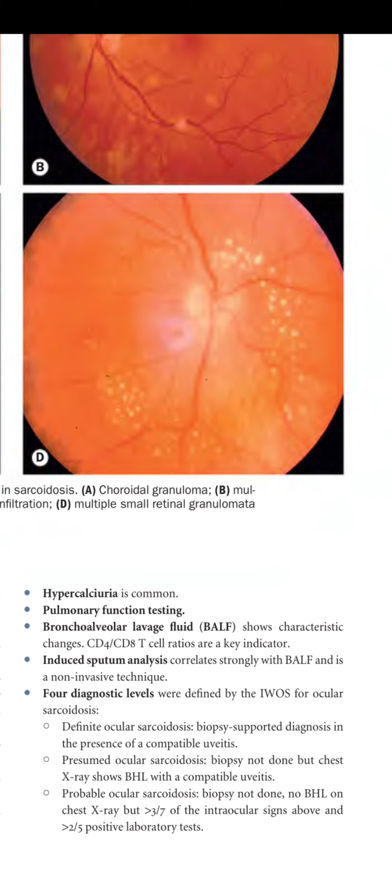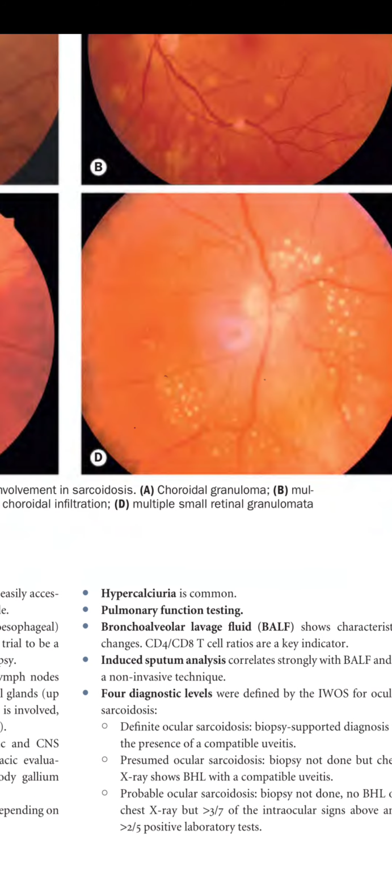In a case of presumed ocular sarcoidosis, biopsy is not done, but chest X-ray shows bilateral hilar lymphadenopathy with the compatible uveitis. In a probable ocular sarcoidosis, biopsy is not done and there is no bilateral hilar lymphadenopathy on chest X-ray, but 3 out of 7 intraocular signs above and greater than 2 out of 5 positive laboratory tests indicate that it is a probable ocular sarcoidosis.